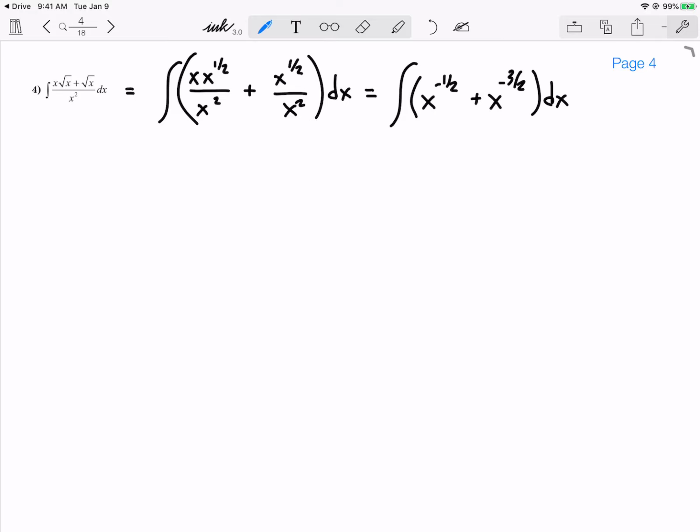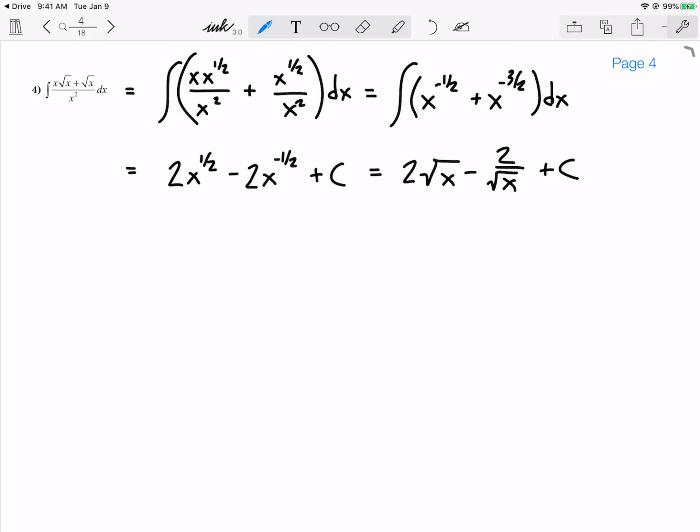Now, neither of those exponents is -1, so I apply my usual power rule, add 1 to the exponent, divide by the same number. So I should get 2x to the 1/2 minus 2x to the -1/2 plus my constant. Rewriting that, I get 2 times the square root of x minus 2 over the square root of x plus my constant.